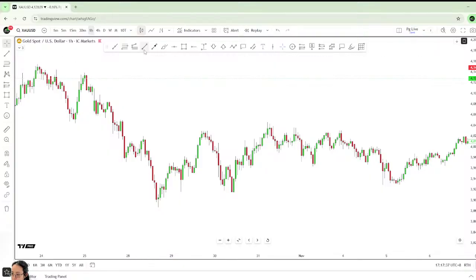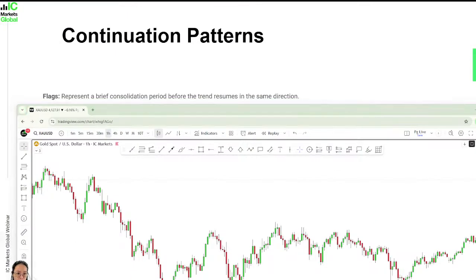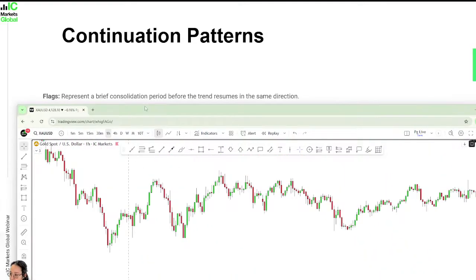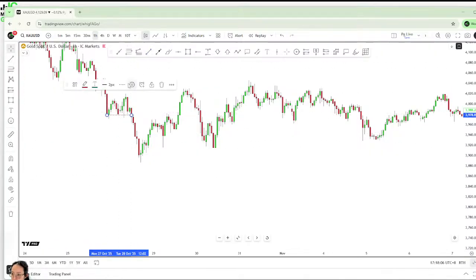This one should be, oh, here. One is this, but this one looks like the pennant to me, right?